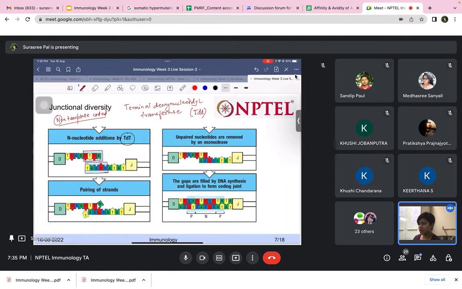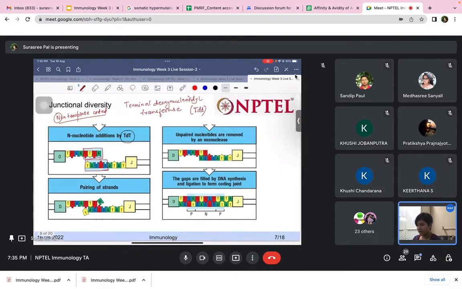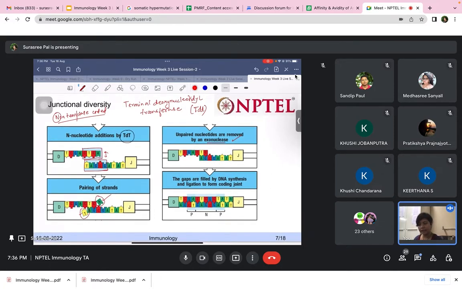Now what happens? These strands will now try to pair with each other, and you will see that there will be some nucleotides having mismatches. So here you can see that this A and this T are having some mismatches. So these terminal nucleotides which are having mismatches are now removed by an exonuclease. And finally, there is a gap here and another gap here.